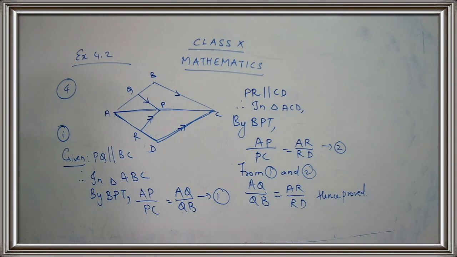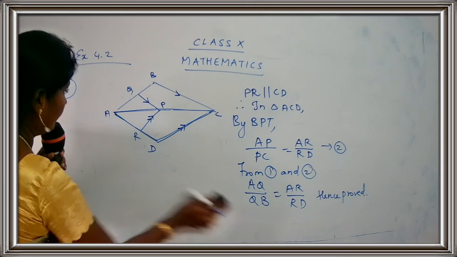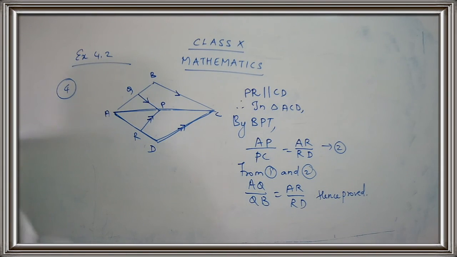Okay, now let's go for the second part. The second part is very simple. Let's see how to do the second subpart. Okay, shall I rub the first part, children? I'll rub this part here. Now listen carefully.